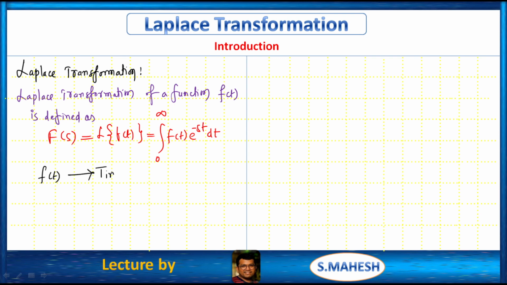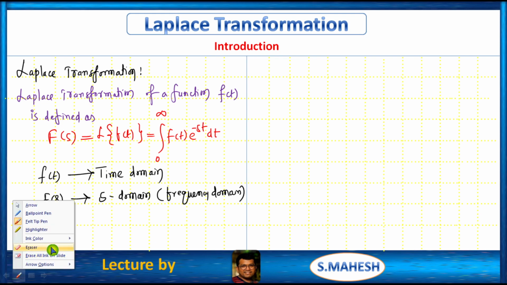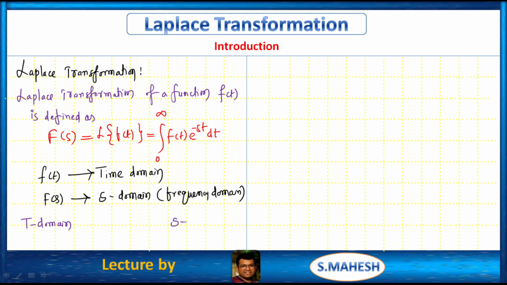This is the time domain, and this is the s domain, the frequency domain. So simply, let us say this is the T domain, and this is the S domain.